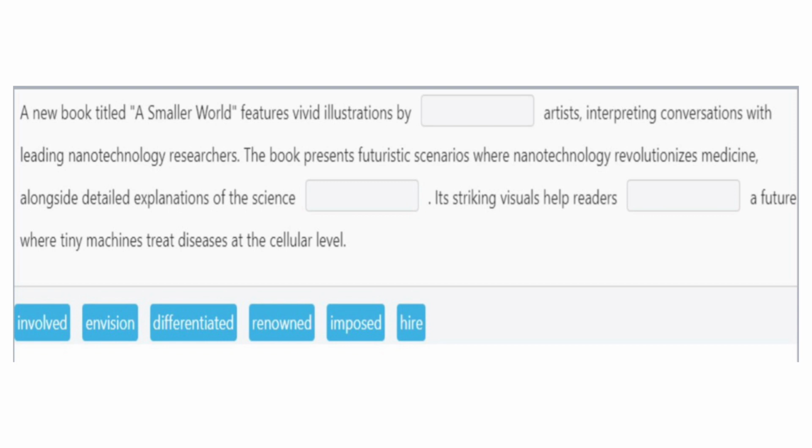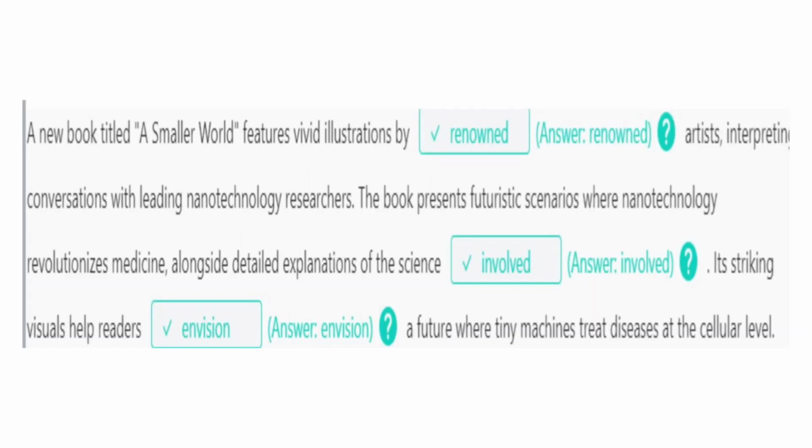the science. So involved would come over here, I think, because this goes with the sentence. Okay, its striking visuals help readers dash a future where tiny machines treat diseases at the cellular level. So envision a future would be a better fix over here.